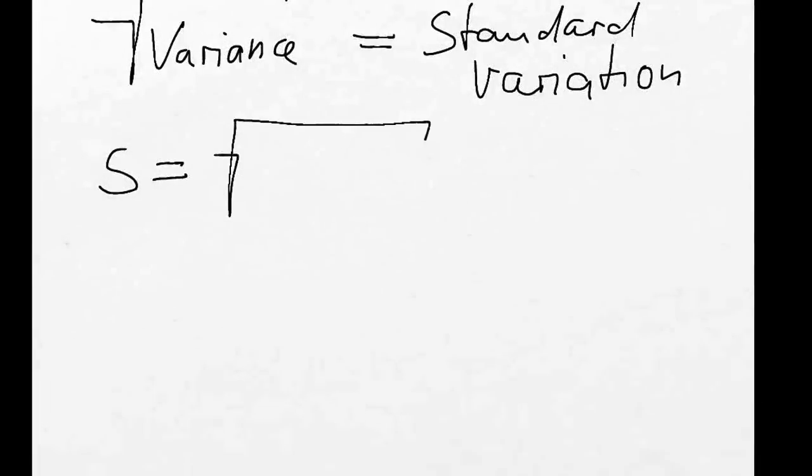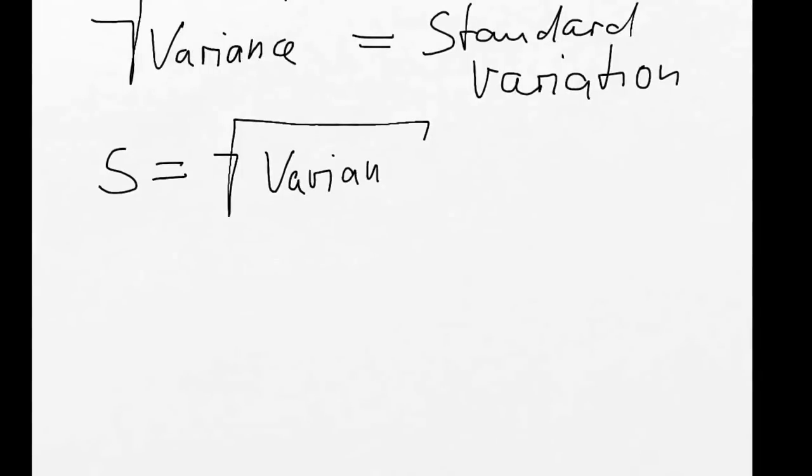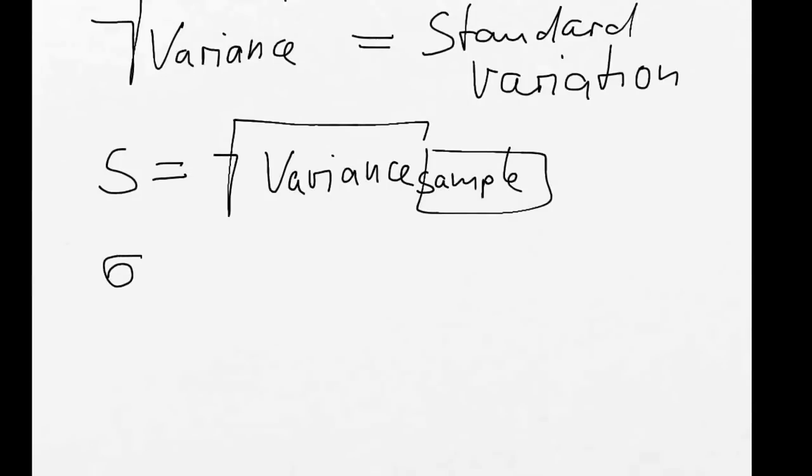And what we can write as a general concept is standard deviation, that's this s, equals the square root of the variance, when we talk about a sample, of the sample variance. So that's for a sample. Or we have this one here, that's the Greek sigma.